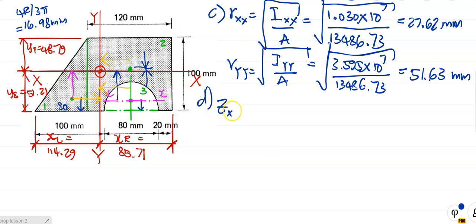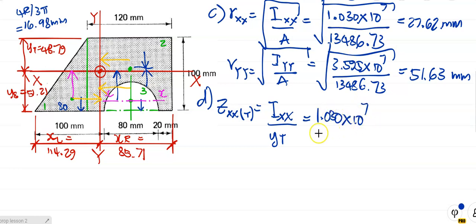ZXX, but I'm going to do Y top first, is equal to Ixx over Y top, which is equal to 1.030 times 10 to the power 7 over Y top, which is 48.79, and that's equal to that.